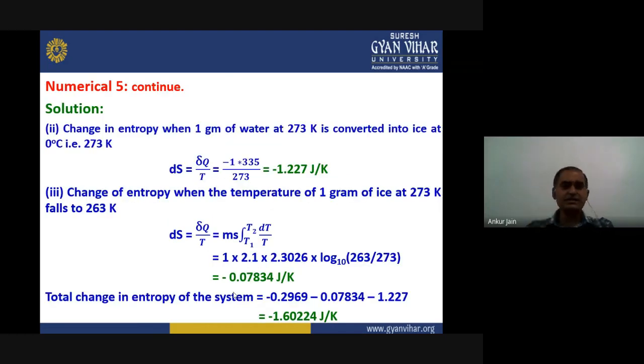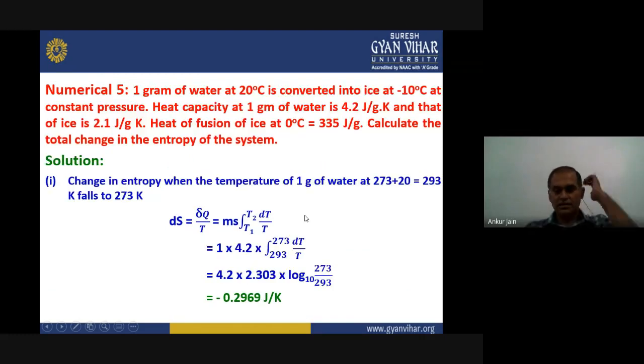Now the second step is when 1 gram of water at 0 degrees centigrade converts into ice at 0 degrees centigrade. The temperature is the same, that means we can directly employ dS equals delta q upon T, and delta q again is m into s. m is 1 gram, s is 335 upon 273, that will become minus 1.227 joule per Kelvin. Here, see, the heat of fusion of ice at 0 degrees centigrade is 335 joule per gram.